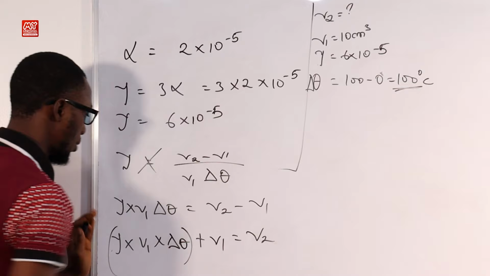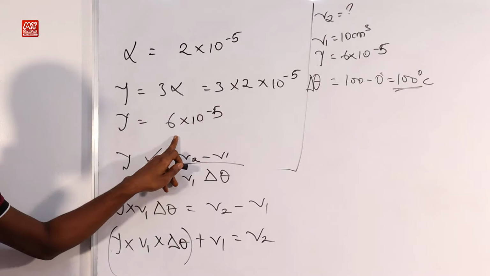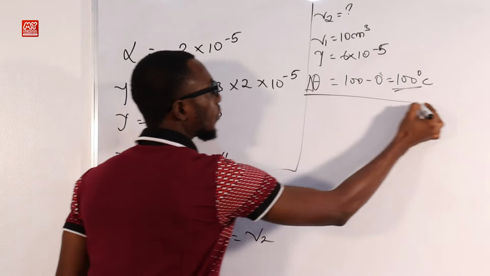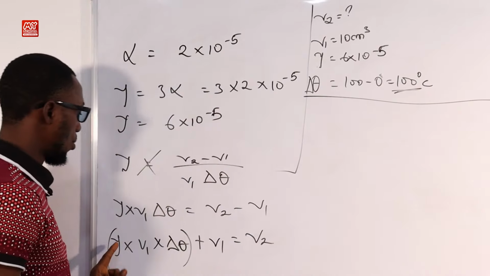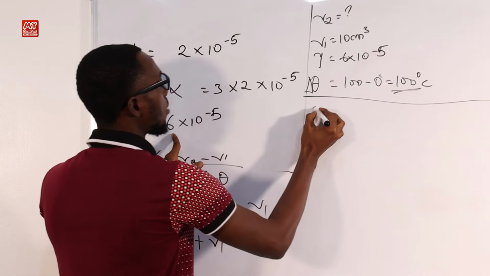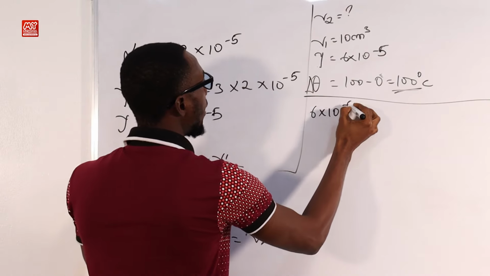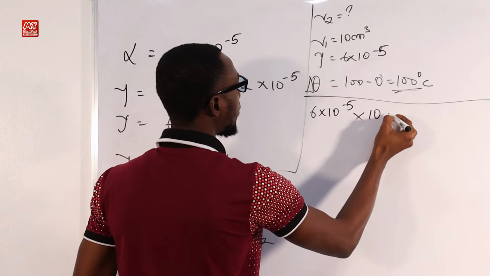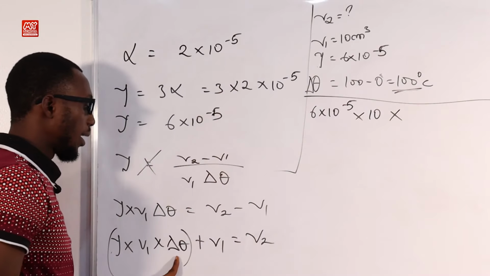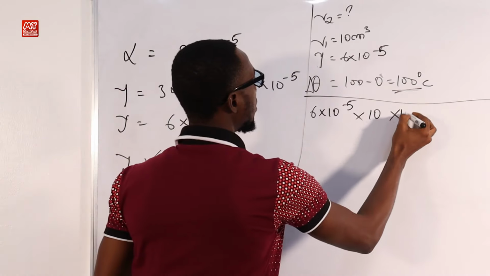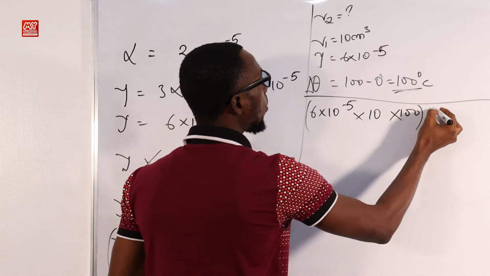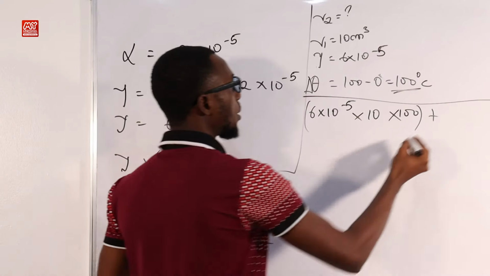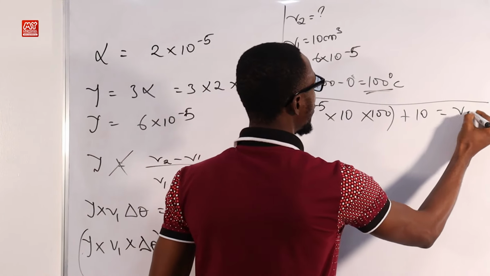So we have our gamma as 6 times 10 raised to the power minus 5, multiplied by our volume V1, that is 10, then our change in temperature, that is 100, plus our volume V1, which is still 10, equals V2.